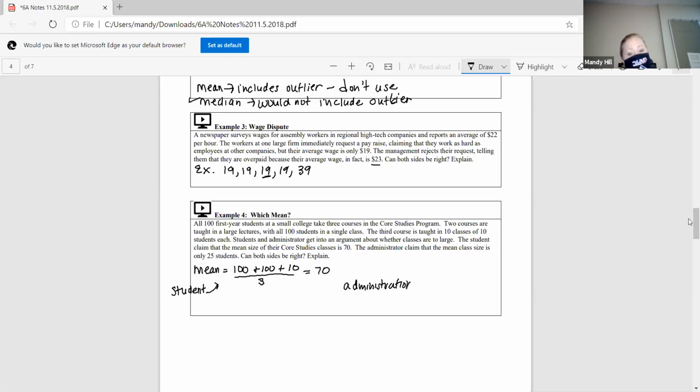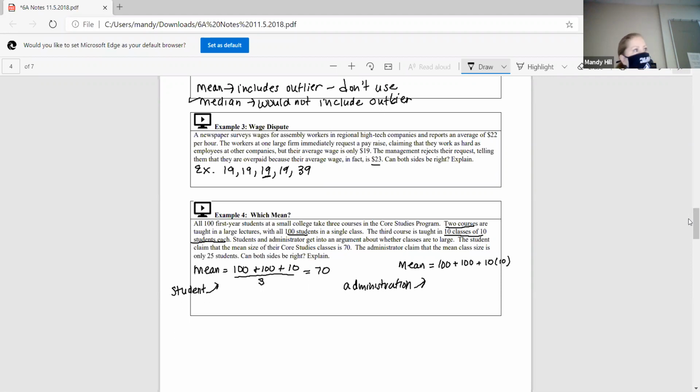This is like in the media, they get statistics wrong all the time because it depends on how you're looking at it. The administration says, what we really have going on here is we've got one class with 100, another class with 100, and then 10 classes that have 10 people in them.